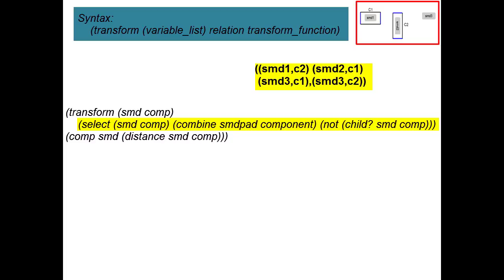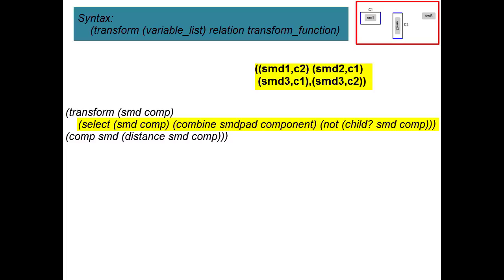And based on our example design in the upper right corner, the size of the relation will be 4, giving us the tuples SMD1 C2, SMD2 C1, SMD3 C1, and SMD3 C2. This select operation is broken down in detail in another video found at the link shown.